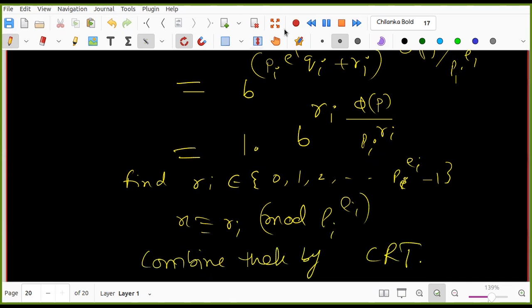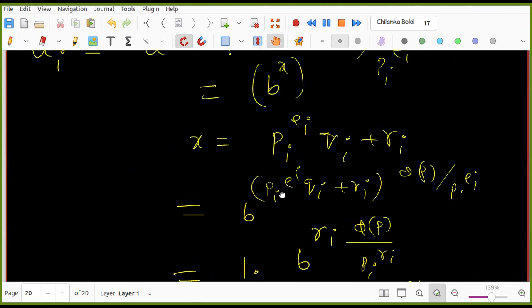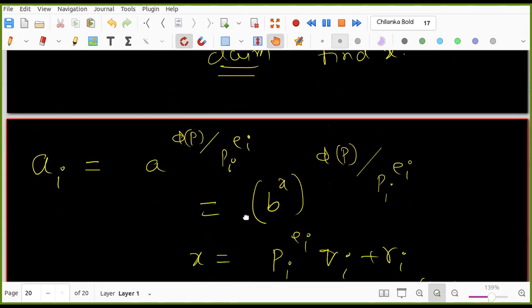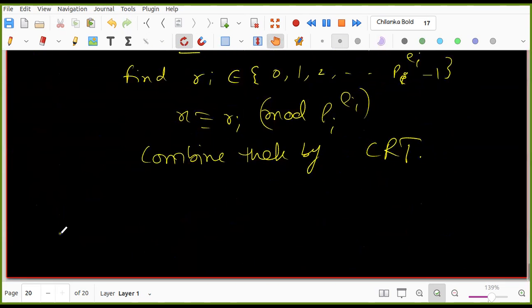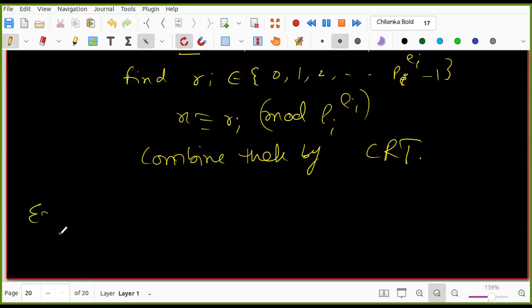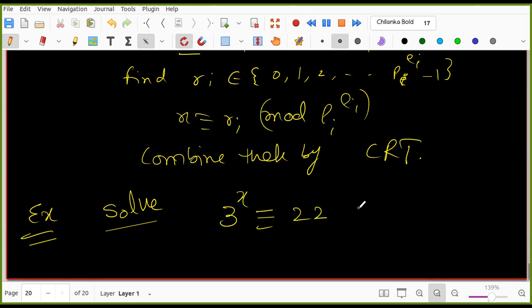Okay, to make it more effective for people to understand, let us have some examples. I'll take the smallest simple example: solve 3 power x is congruent to 22 mod 31. What are the values now?